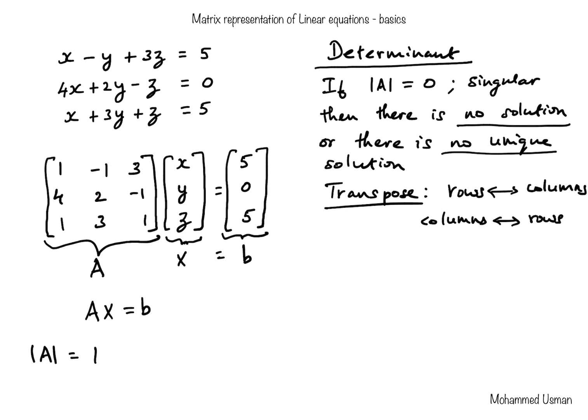3, 1. We call that the cofactor. Then we have the positional sign of the next number. It goes plus, minus, plus, minus, plus, minus, so the positional sign for this is minus.